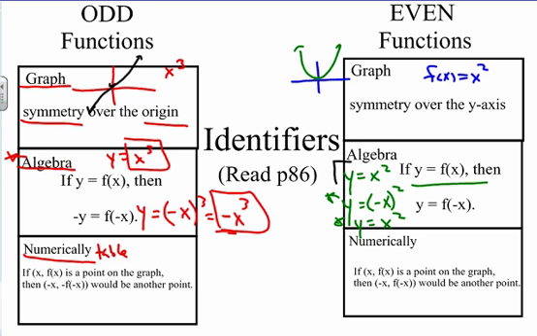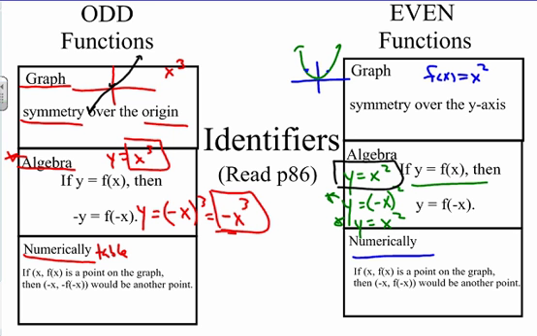Both when you plug in a positive value and a negative value, you get the same value out. And numerically on a table, you can see this by plugging in a positive x value, you get a positive y value, and plug in the negative, just the opposite, and you get the same value out.